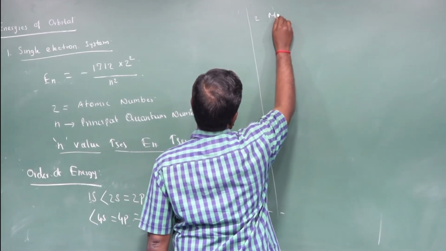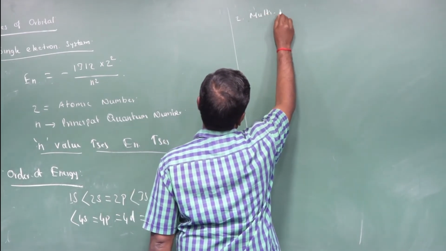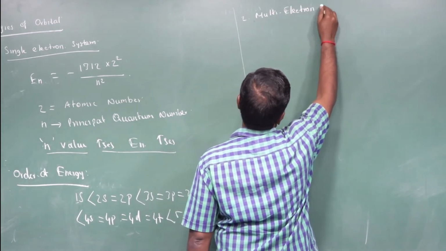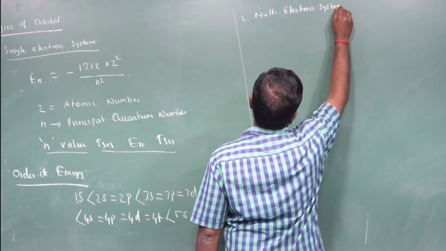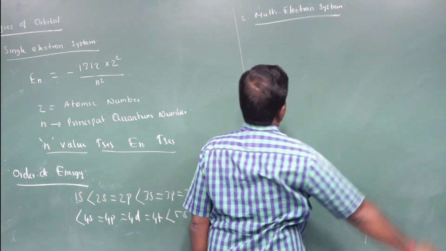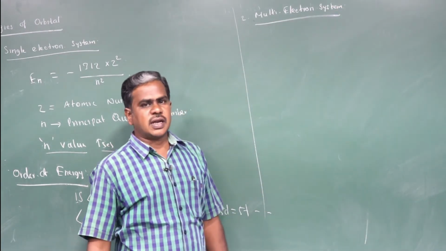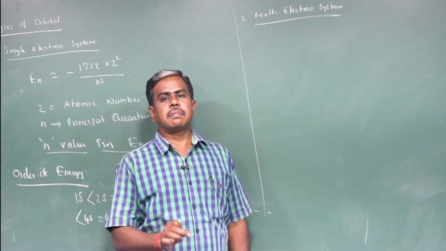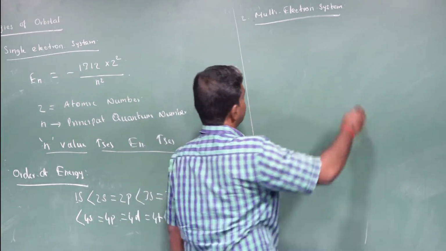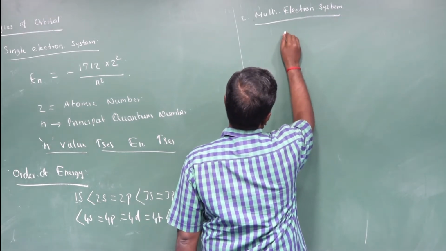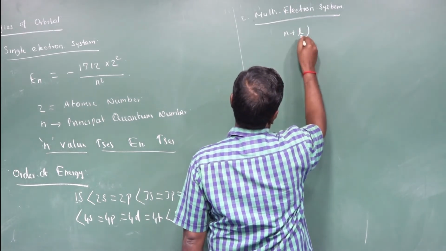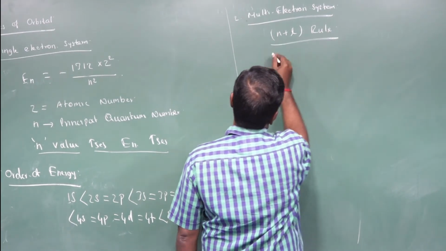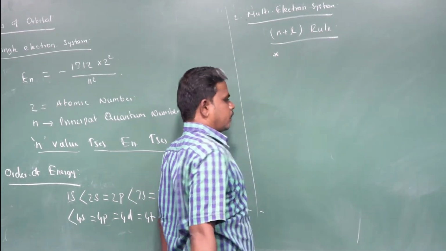Now, the multi-electron system. In the case of a multi-electron system, that is, more than one electron, we are using the n plus l rule. Now, what is the n plus l rule?